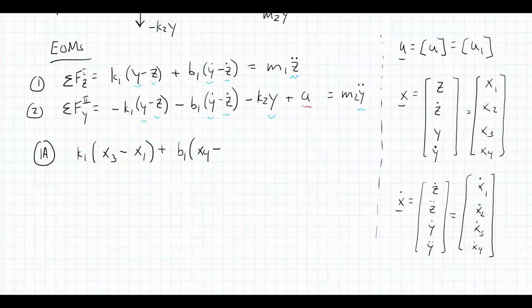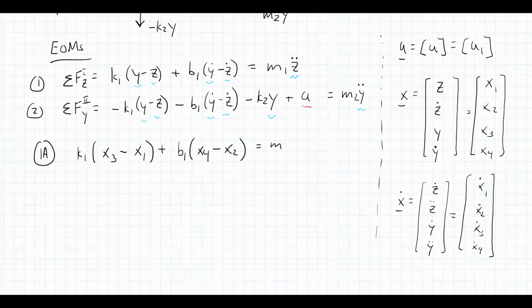Minus z dot. Again here, I can call z dot x2, but also z dot is x1 dot. I have the choice between x2 and x1 dot. I must choose x2 because it is not the derivative of a state variable. Again, in the mapping equations, we will put in that x1 and x2 are related because they're both z, or related to z, and x3 and x4 are related because they are both related to y.